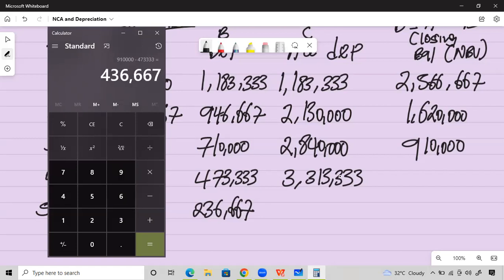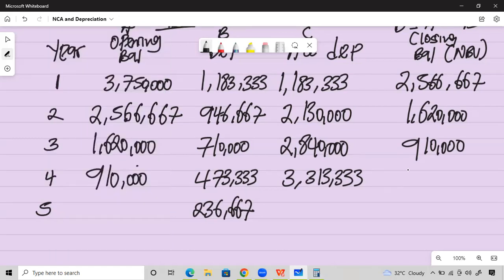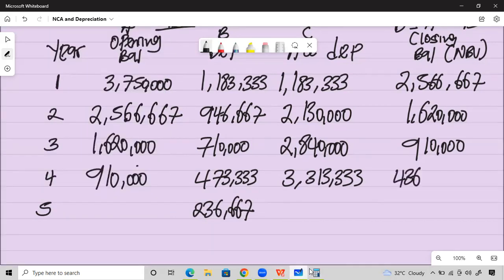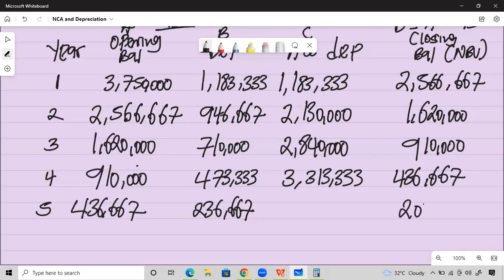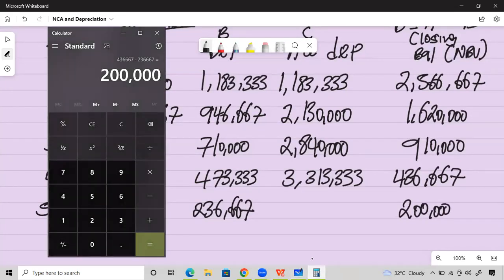We have 436,667. So minus 236,667. You can see you have 200,000.